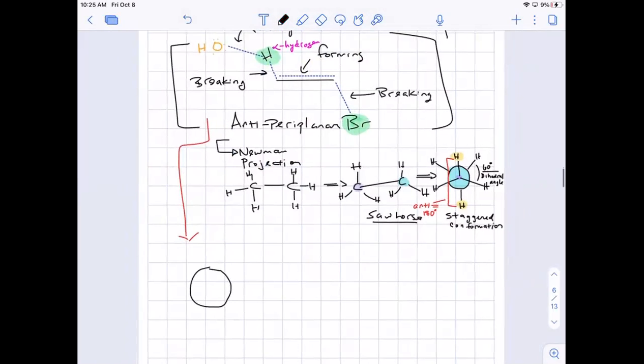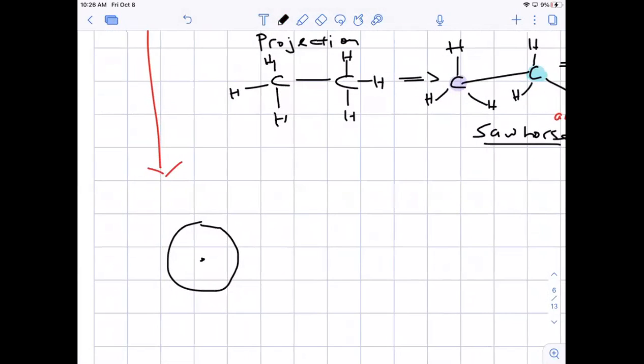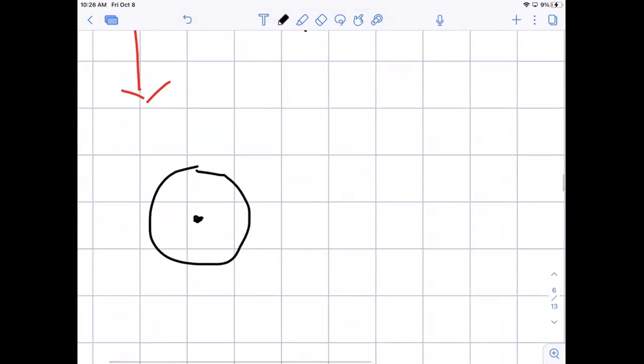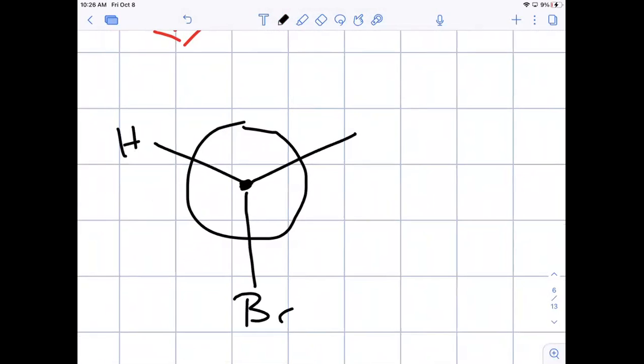This will be my back carbon, and then this is my front carbon. I just designated with a dot. All right, so I'm going to put my bromine here. Then I'll put the other two hydrogens here. And then one of my alpha hydrogens that I want to remove, I'm just going to put it right here.